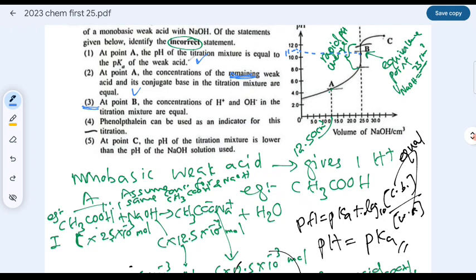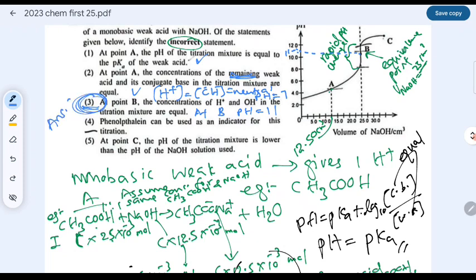Why am I saying neutral? Because if H plus and OH minus are equal, it should be a neutral solution, which means the pH should be 7. But if we see the pH at point B, it is 11. So the concentrations of H plus and OH minus are not equal. So this is the wrong statement.